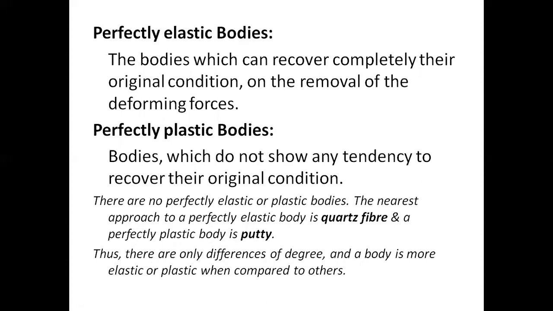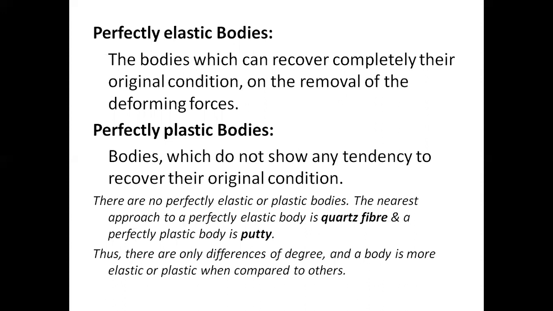Then what are perfectly elastic bodies and perfectly plastic bodies? The bodies which can recover completely their original condition on removal of the deforming forces are called perfectly elastic bodies. Whereas the bodies which do not show any tendency to recover their original condition on removal of the deforming forces are called perfectly plastic bodies.